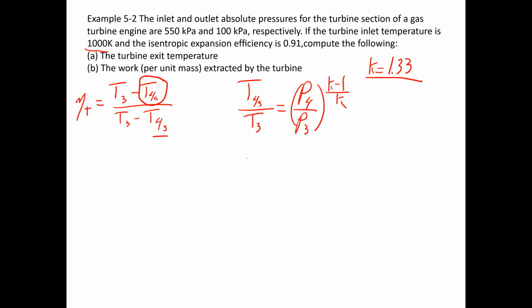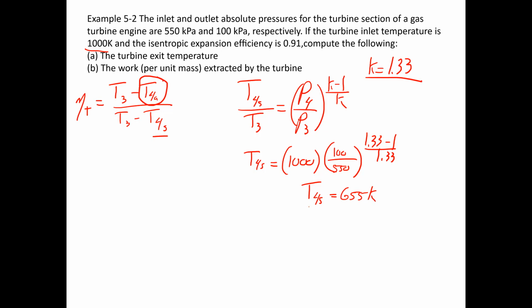T4 isentropic will equal the entering temperature, 1,000 Kelvin, multiplied by the pressure ratio, 100 kPa over 550, to the (1.33 minus 1) divided by 1.33. We would get the isentropic temperature to be 655 Kelvin.